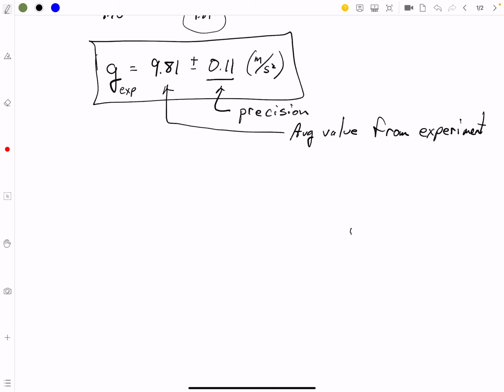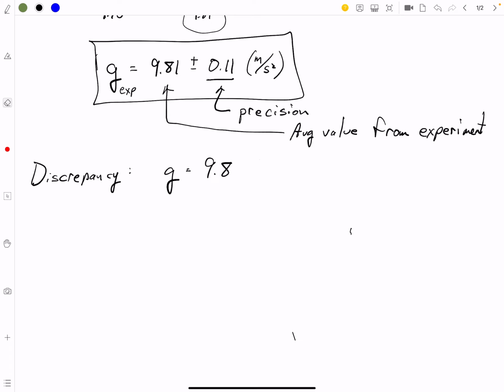All right, so now we want to deal with discrepancy. So we know G is going to be equal to 9.8 meters per second. In fact, I'm going to do you guys a solid and write it out.